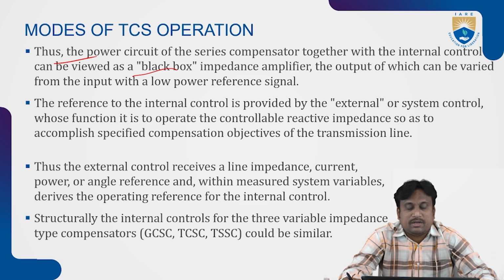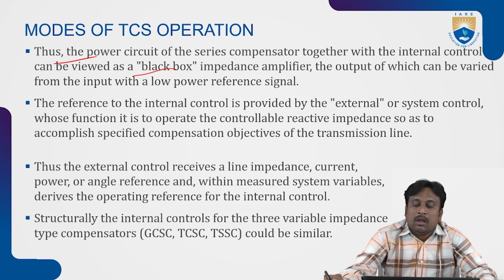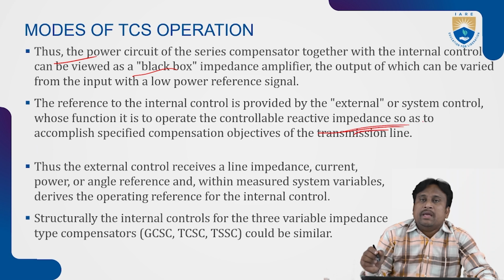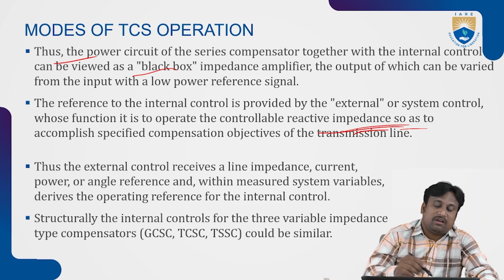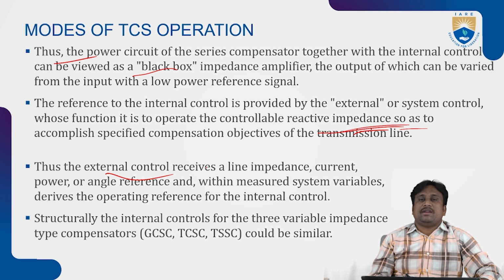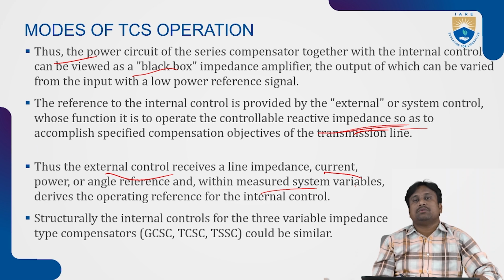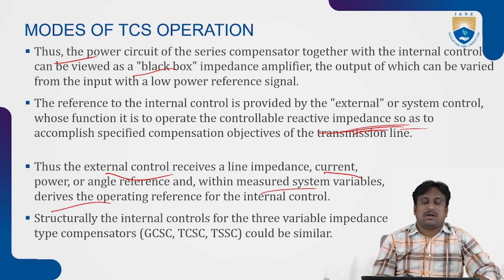The reference to the internal control is provided by the external or system control, whose function is to operate the controllable reactive impedance to accomplish specified compensation objectives of the transmission line. So the external control receives the line impedance, current, power or angle references, which are treated within measured system variables, and derives the operating reference for the internal control.